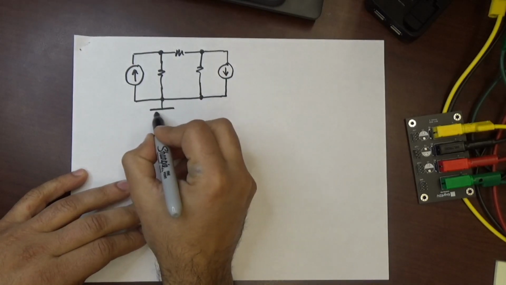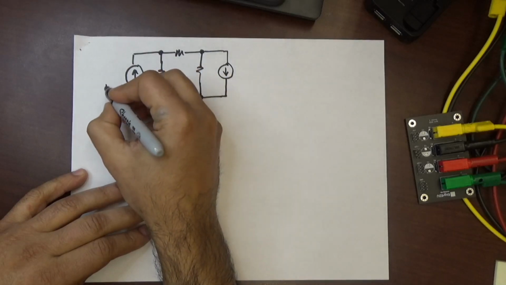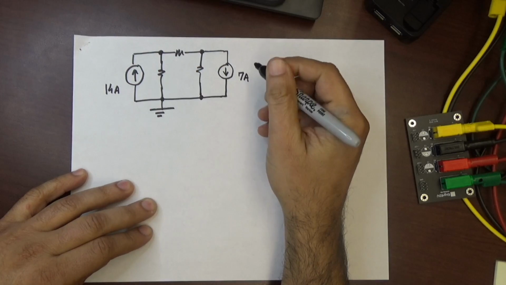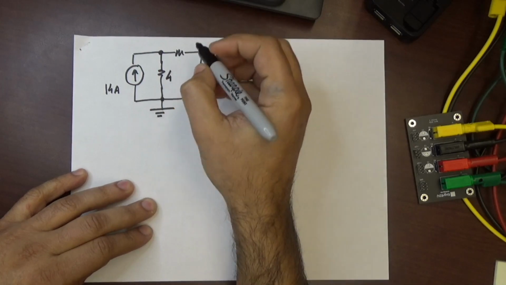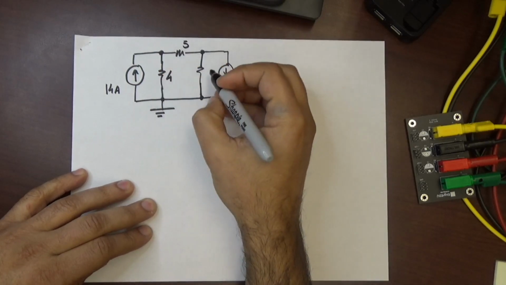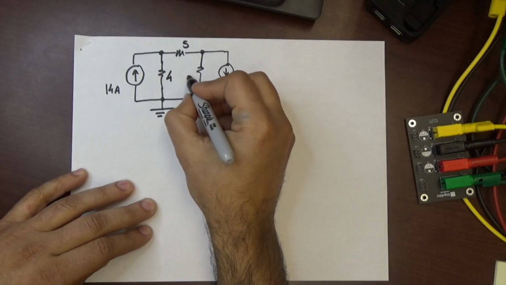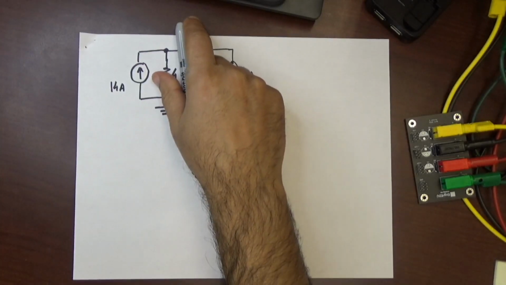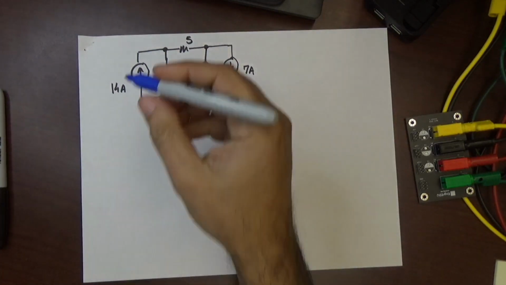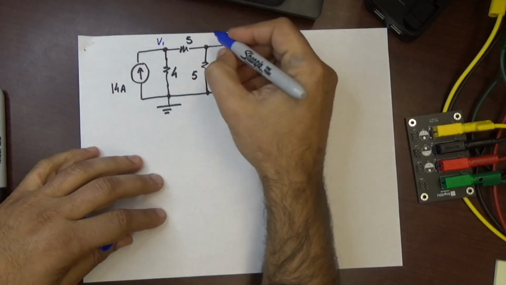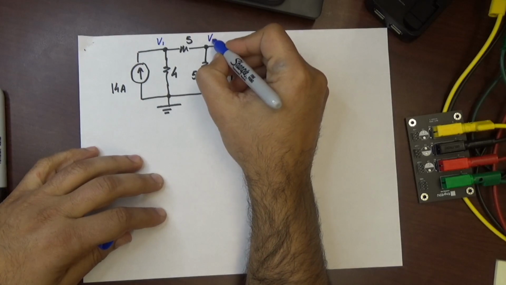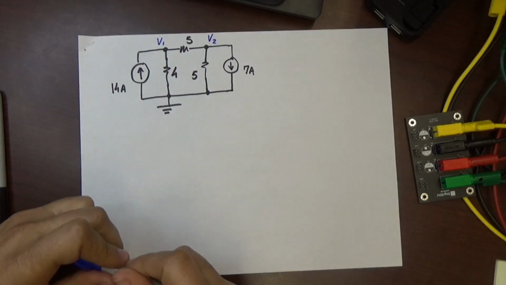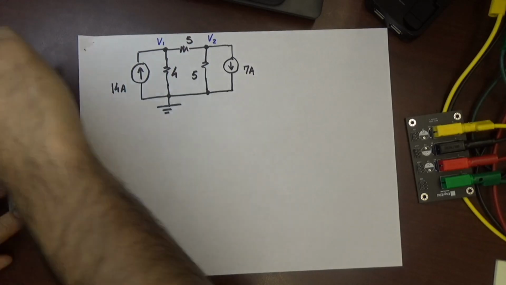We already have a reference, a ground, and this is our 14 amps with our 7 amps. I'm going to write those resistors, 4, 5, 5. Oops, sorry about that. And let's write the nodes that I know. So V1 and V2 are given in the exercise, and we can go directly to step number 2.